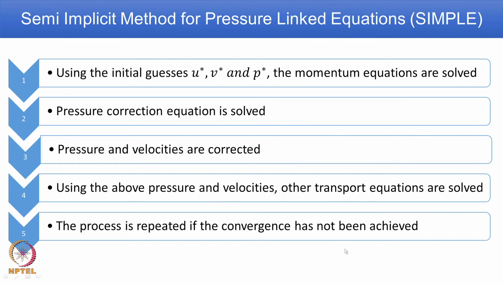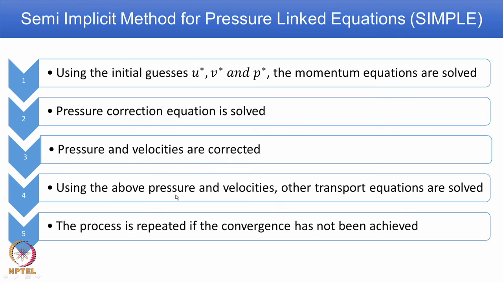So, if I put all the steps in one slide, we start with initial guesses for u star, v star, p star. The momentum equations are solved, the pressure correction equation is set up and that is solved. Then from that step, you get p prime, and that is used to obtain pressure as well as velocity.